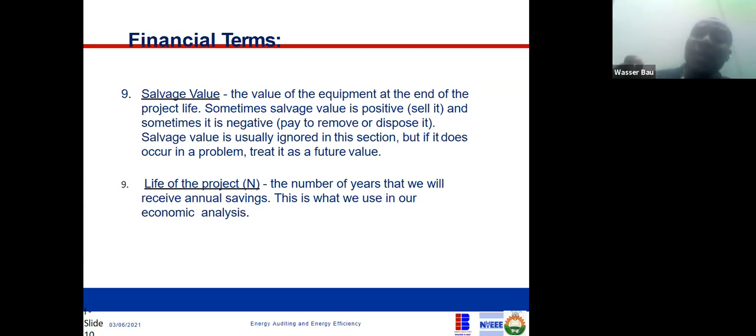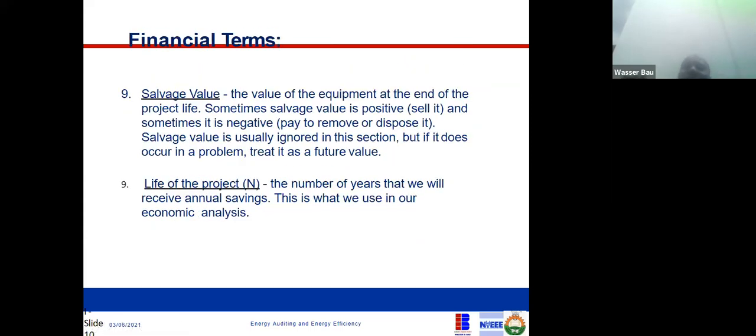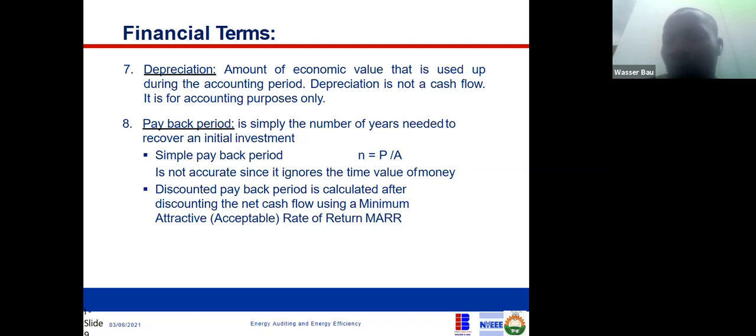So the two indicators that I'd like us to pay credence to, which are always fixed, are the life cycle and the interest rate. The interest rate and the life cycle, take note of them. They are usually fixed. The salvage value, you can't predict it. The payback period, you don't know. Something might go wrong and it will increase.